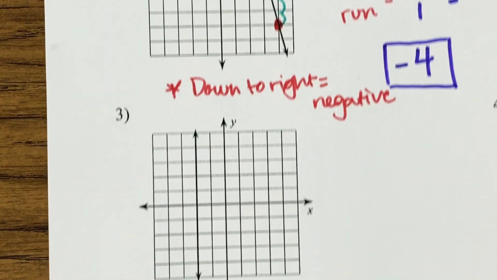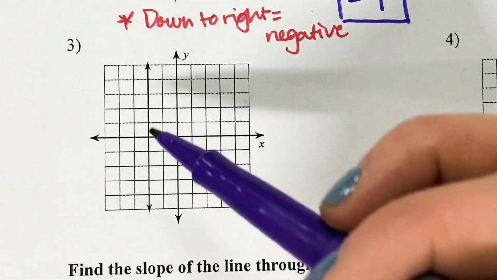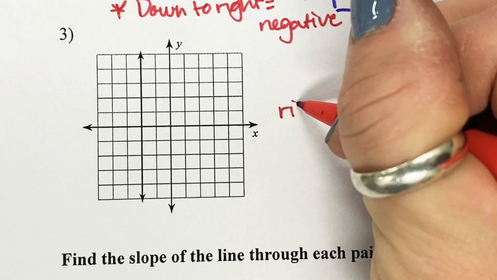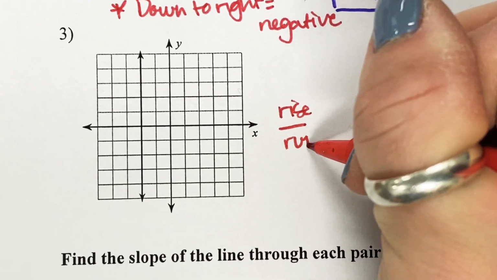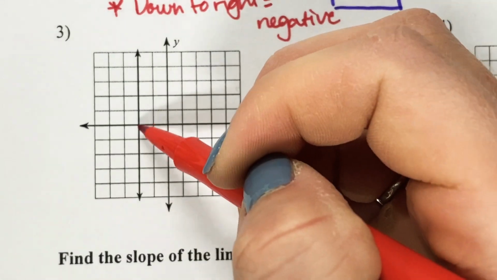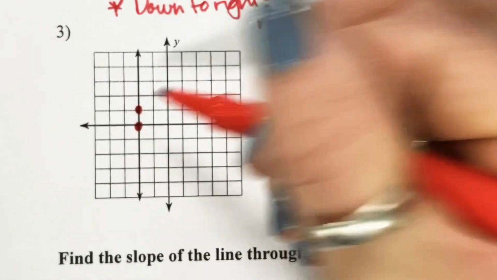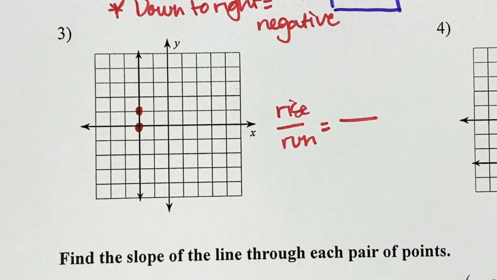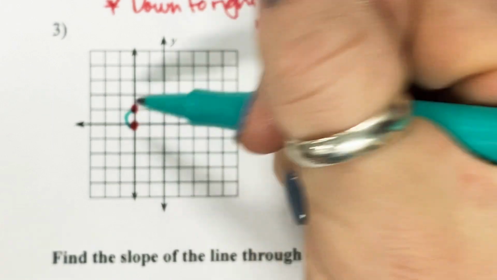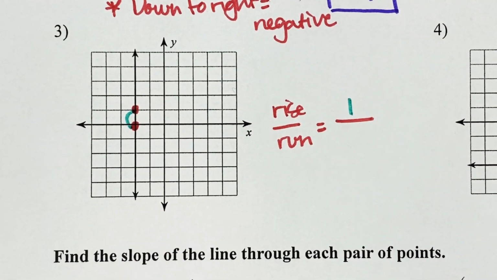Okay, let's look at number 3. This one's kind of weird. Okay, so if we do our rise over run, so from a point, let's just say that there's a point right here and a point right here because it's perfectly lined up in the corners. Okay, well, from my bottom point, I'm going to rise 1, but then I don't have to run any.